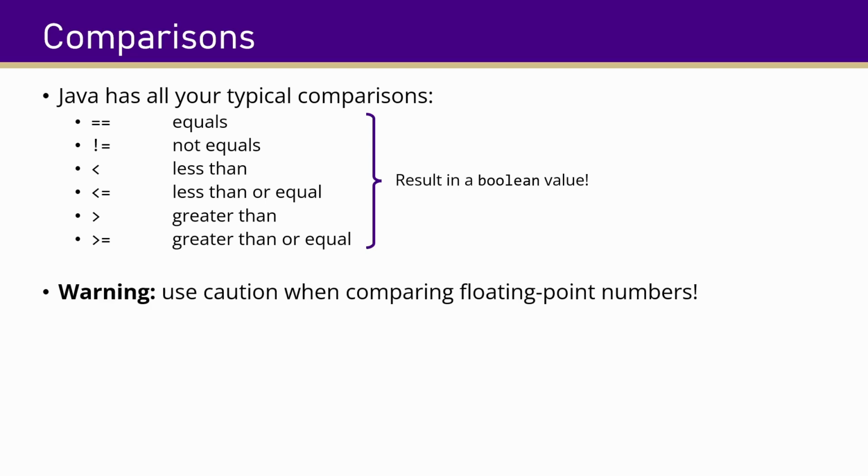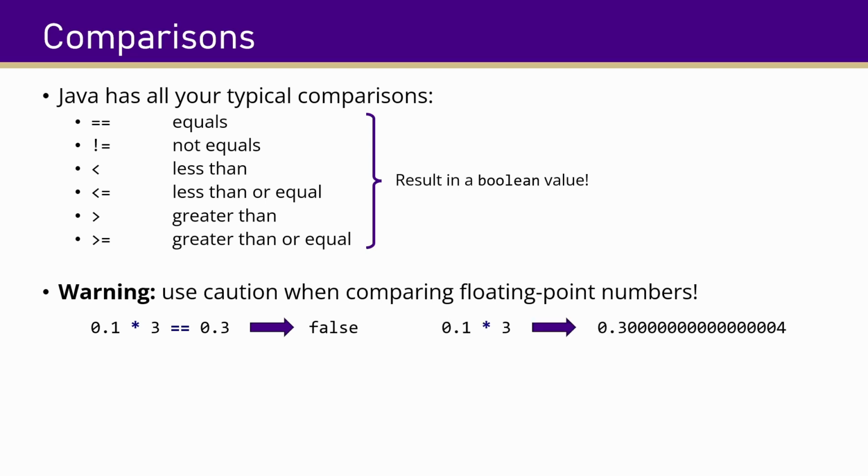You may be tempted to do something like this, but Java will tell you that this expression is false. 0.1 times 3 is not equal to 0.3. In fact, 0.1 times 3 is equal to 0.30000000000000004, obviously. This is due to something called floating point imprecision.